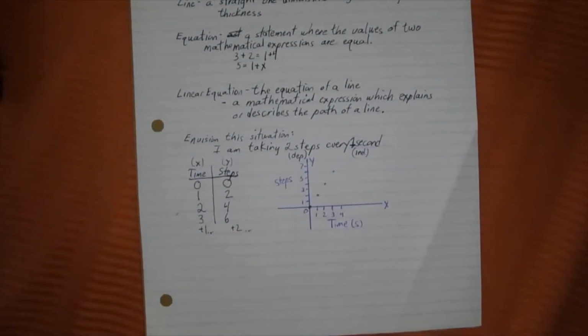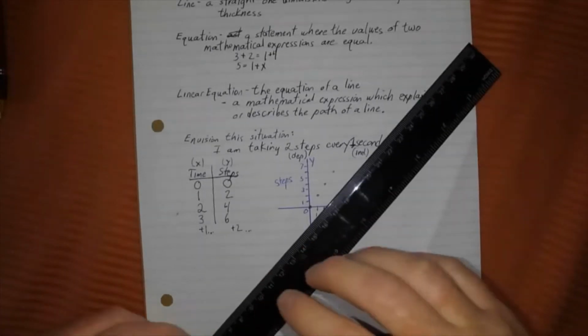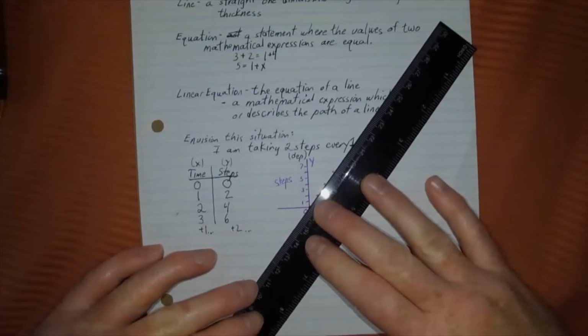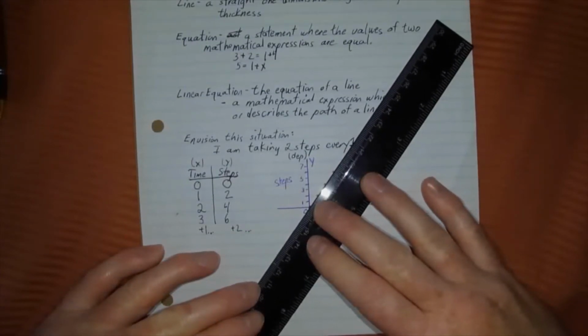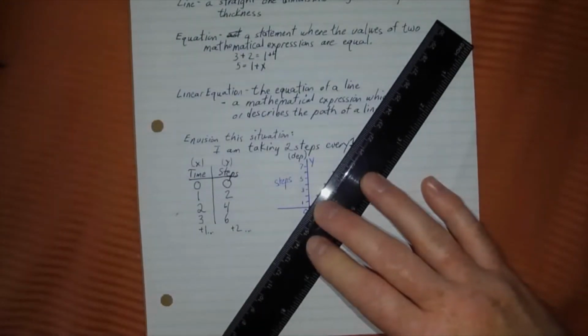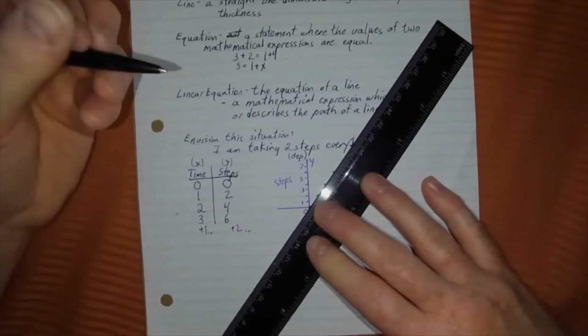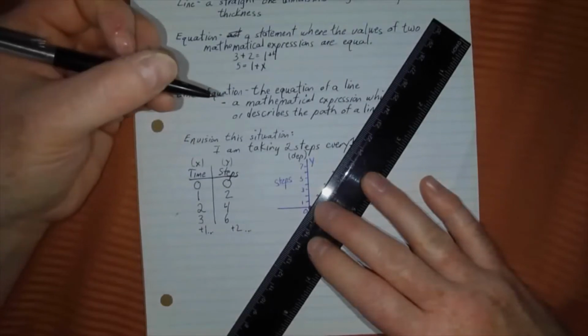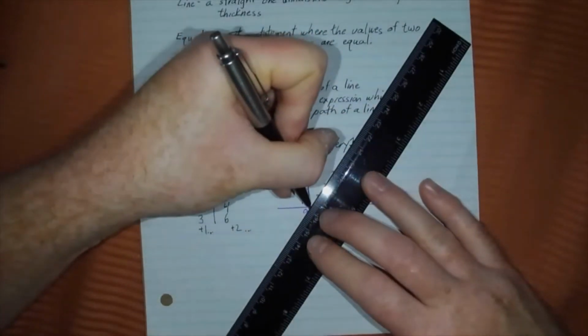I don't have a limit set on it, so this line is actually going to go indefinitely. And I really should say, because it's based on time, oh my goodness, making a mess. Because it's based on time, I can't go into negative time.